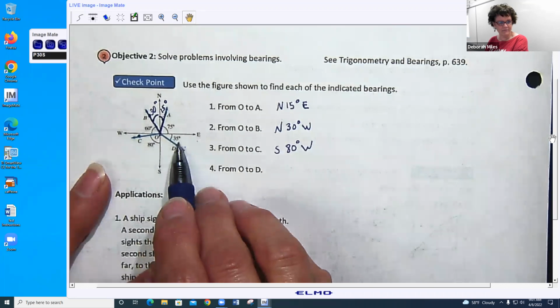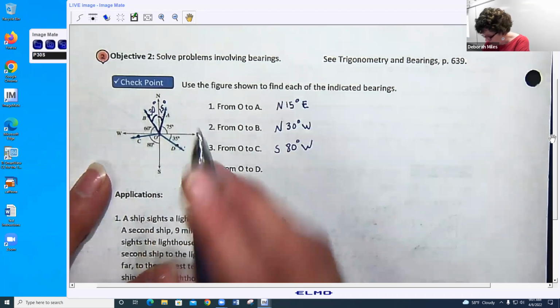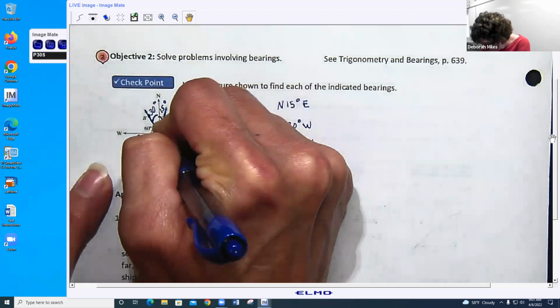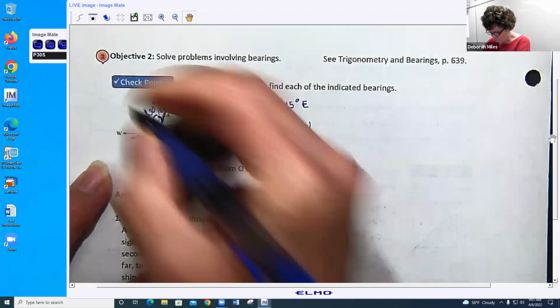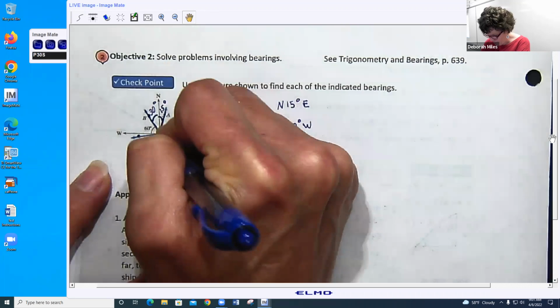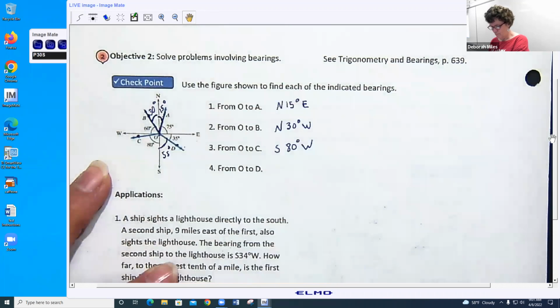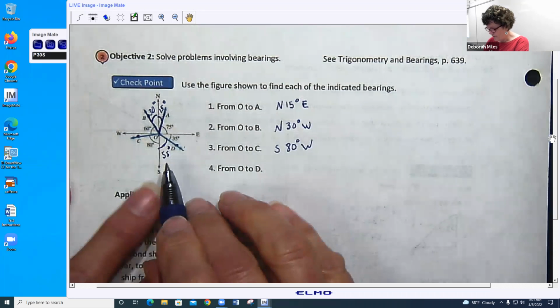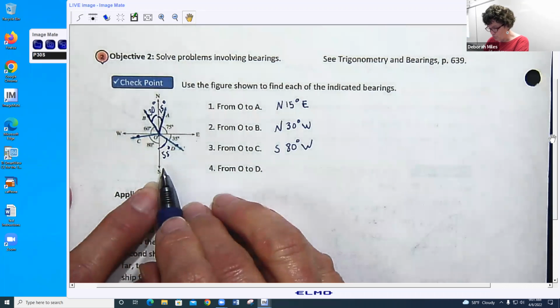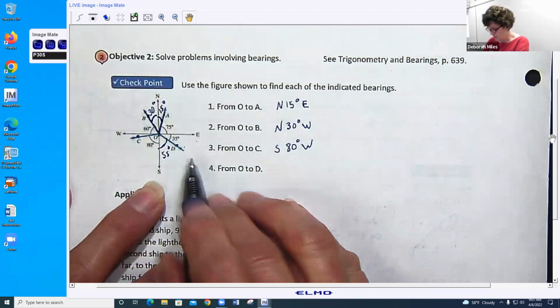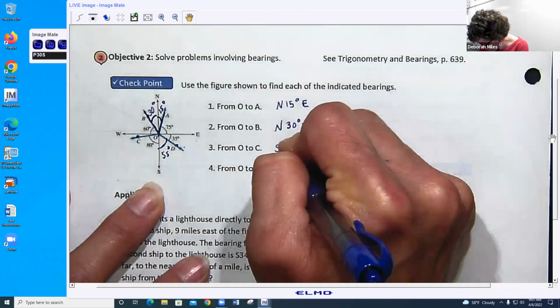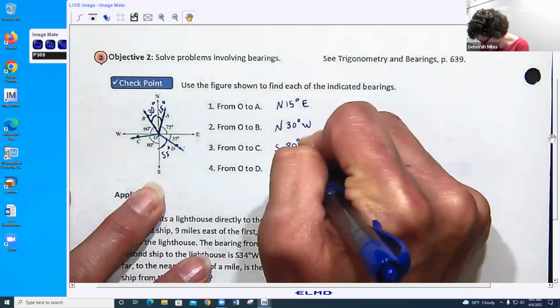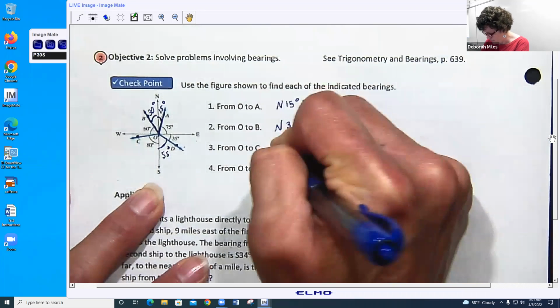This is a 35. That's a 35. So this is 55. And so we are 55 degrees to the right, which means east. 55 degrees east of the south line.